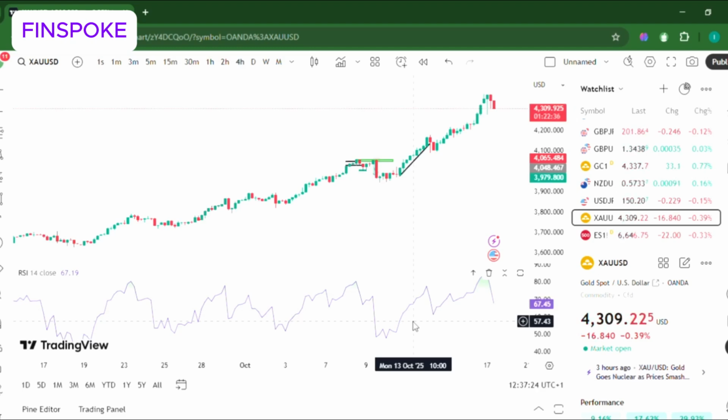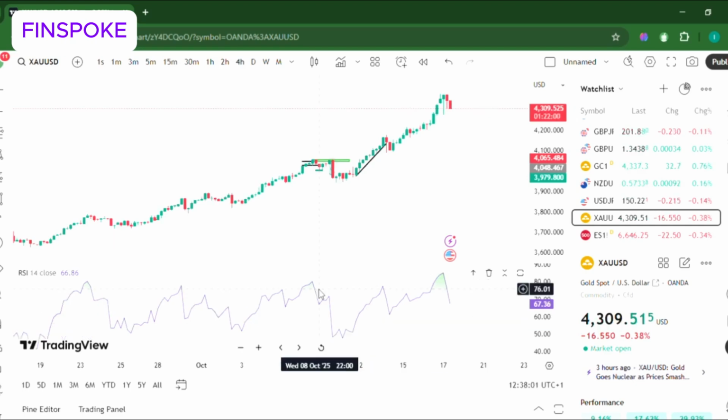Remember, we are talking about price action, meaning that we are looking at what price does. Now, looking at this chart, you can see that at this level, price gets to 85.63.